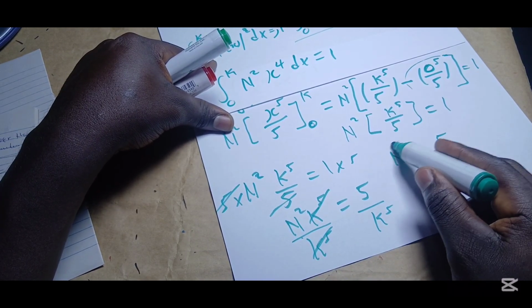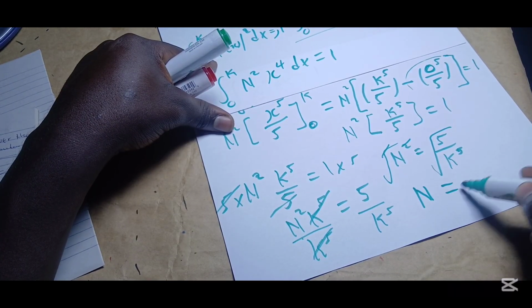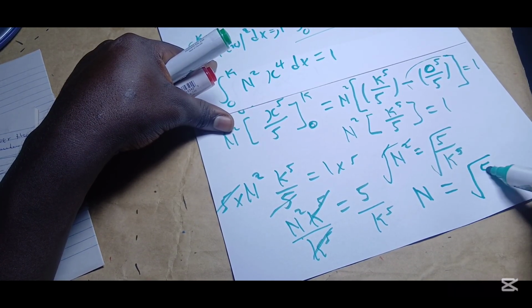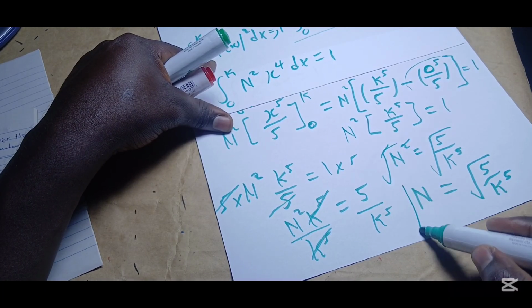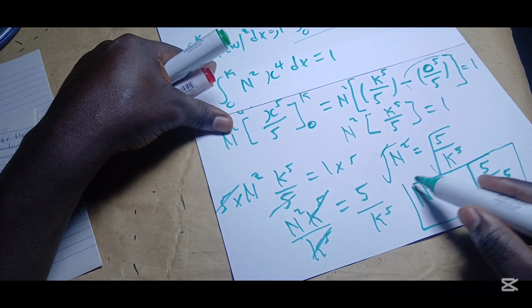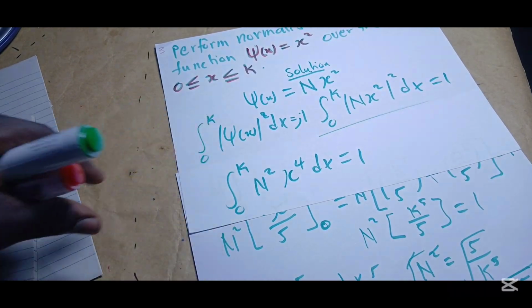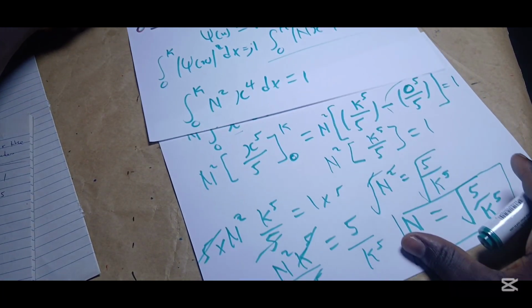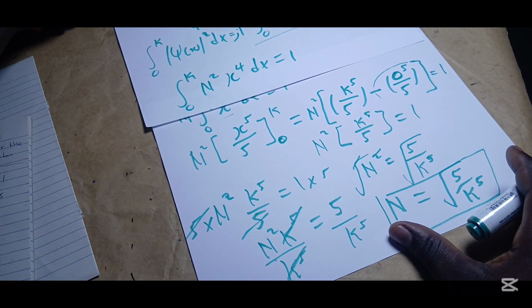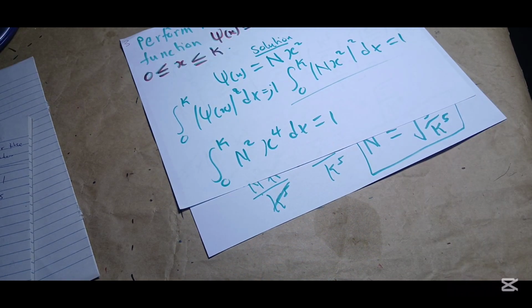So let's take the square root of both sides. This will cancel that. So our normalization constant is now equal to the square root of 5 over k to the power 5. So this is our normalization constant, that if we multiply it by the wave function here, the probability density should be equal to 1. So now let's write our normalized wave function.